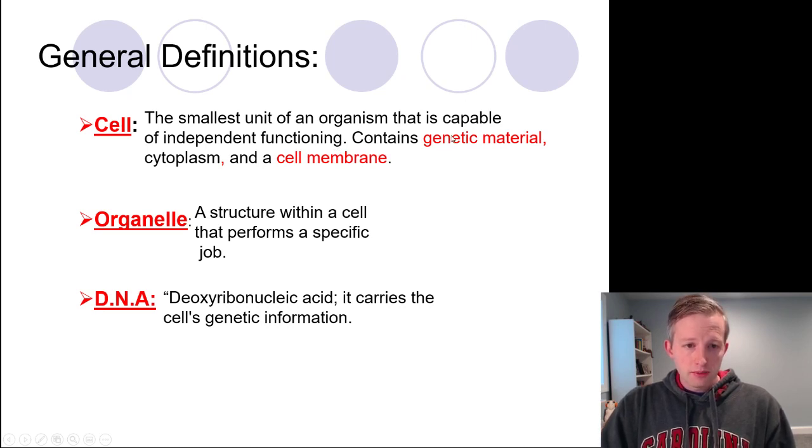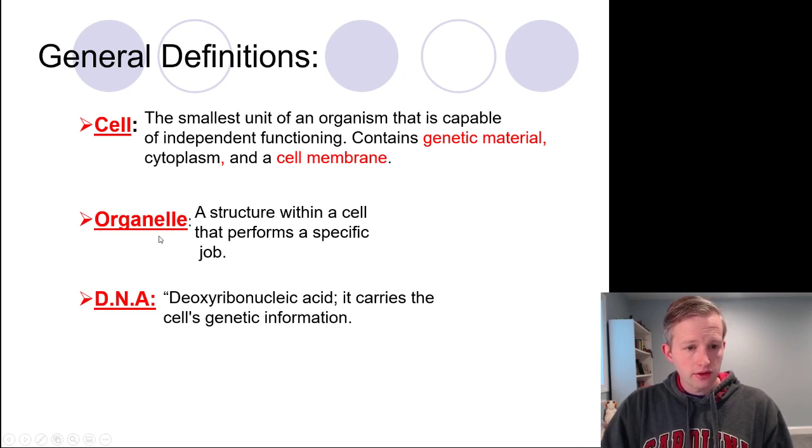They contain genetic material, cytoplasm, and a cell membrane. I put this at the beginning just to be clear that all cells do these things. So all cells contain genetic material, usually DNA, sometimes RNA, cytoplasm, and a cell membrane. That's true of every cell, whether it's eukaryotic, prokaryotic, plant, animal, bacteria, fungi, anything.